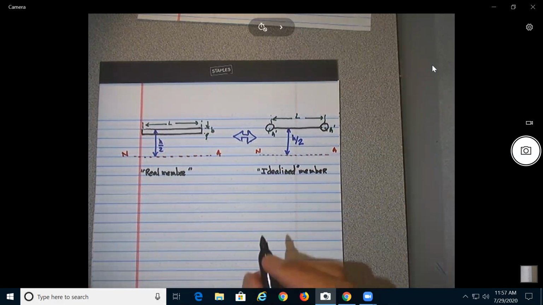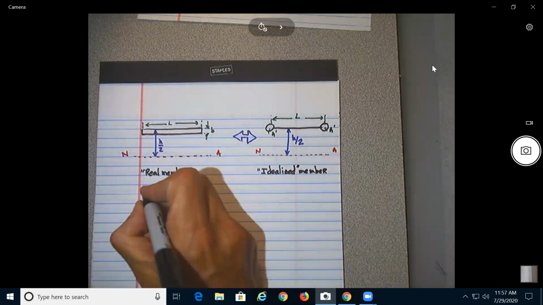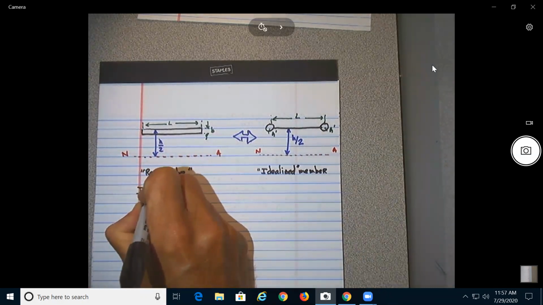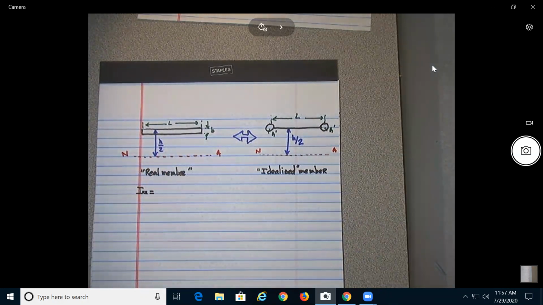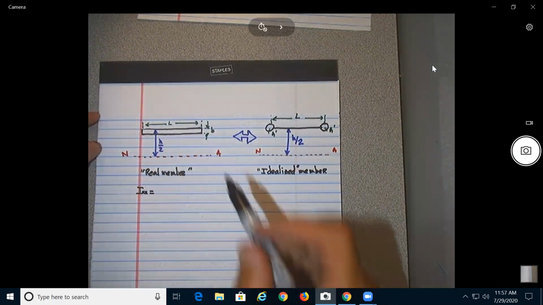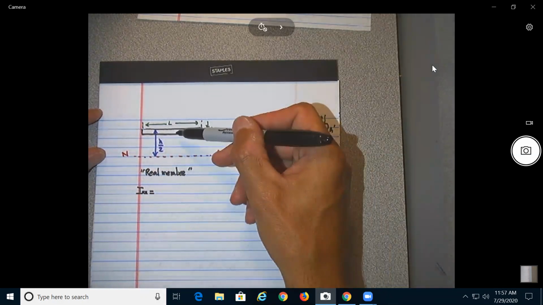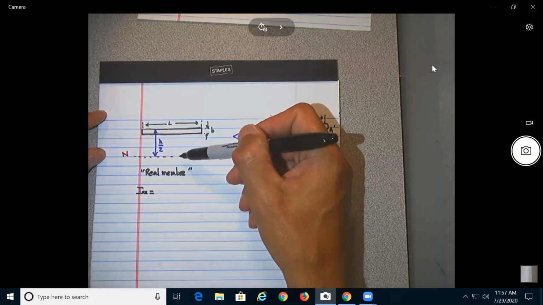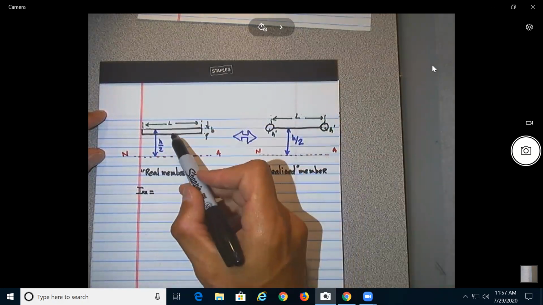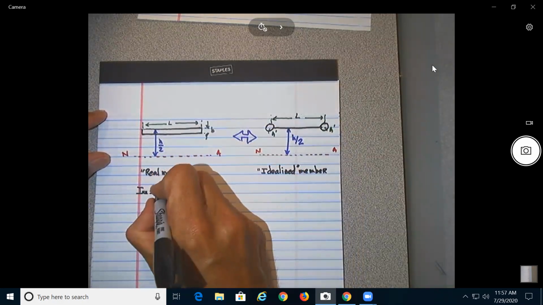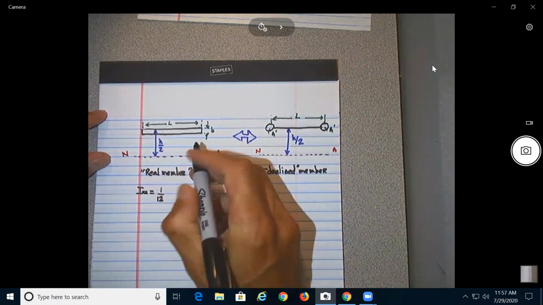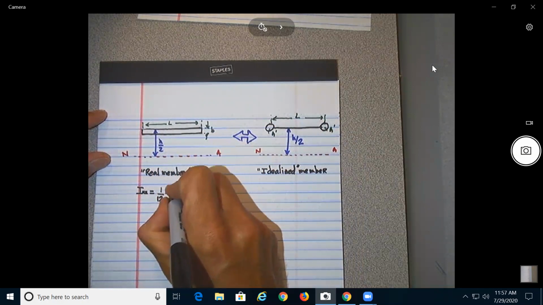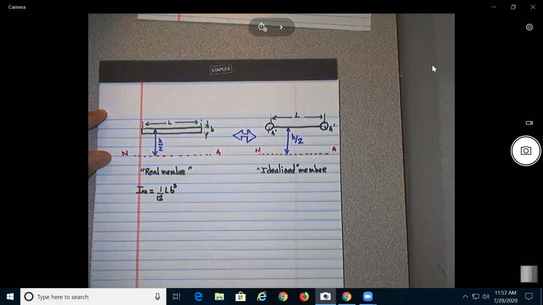Okay, so over here, what will be the IXX of our real member? Now remember, this one is not centered anymore about the neutral axis, no? So we need to calculate about the CG of this one. That would be what, 1/12 times the base, L times B cubed, okay?